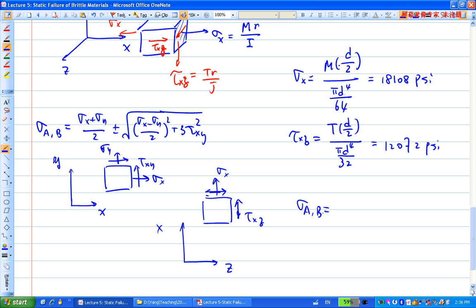We have sigma x over 2, because one of them is 0, so divided by 2 here, plus minus a root of sigma x over 2 squared plus 3 tau xy squared here.